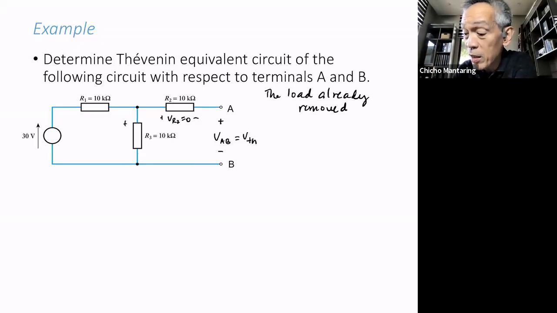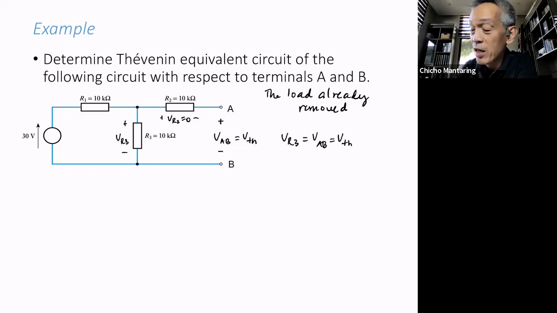So if this is my voltage across R3, VR3 will be equal to VAB, which is just VTH. Yung voltage here and the voltage here will be the same because there is no current flowing here and therefore there's no voltage here. Pag nag-KVL ako rito sa loop na to, I'm going to get VR3 is equal to VAB or VTH.